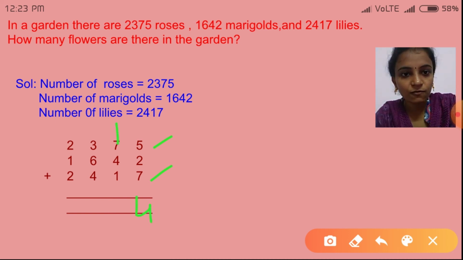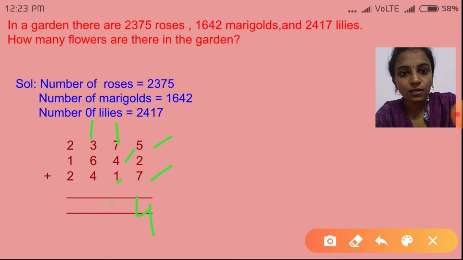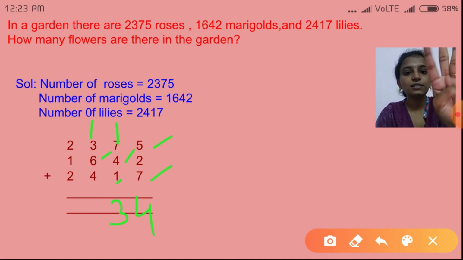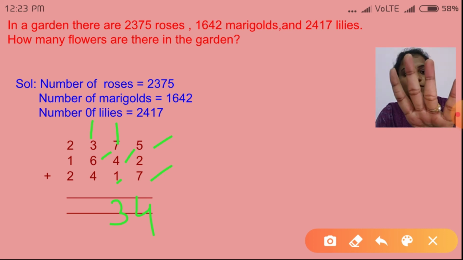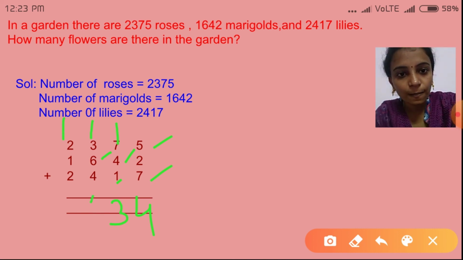So 1 carry over, 4 here. 7 plus 1 is 8, in the tens place I am counting. 8 plus 4: 8 after 9, 10, 11, 12. 12 keep in mind, take 1 finger, 12 after, 13. 1 carry over, 3 here. 3 plus 1 is 4. 4 plus 6: keep 4 in mind, take 6 fingers, 4 after, 5, 6, 7, 8, 9, 10. 10 keep in mind, take 4 fingers, 10 after, 11, 12, 13, 14. So 1 carry over, 4 here.